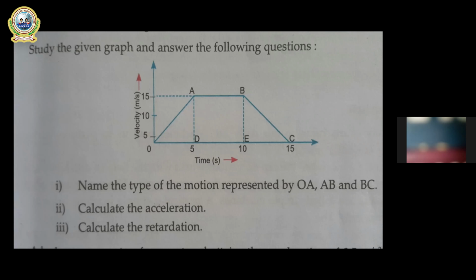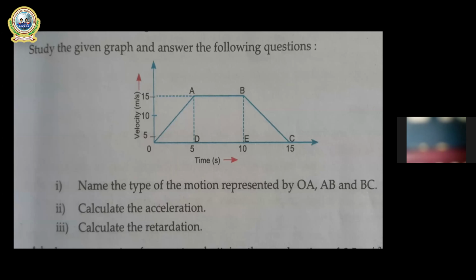The questions are as follows. The first question: name the type of motion, and here motion means acceleration, represented by OA, AB, and BC. The question is asking what type of acceleration can be analyzed from the lines OA, AB, and BC.